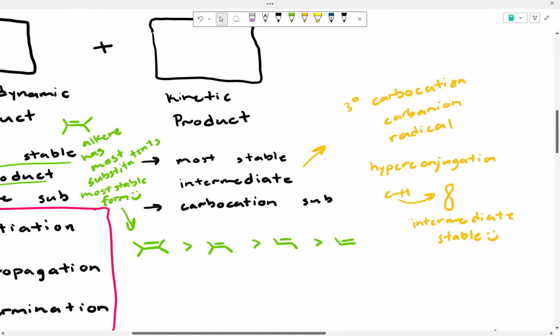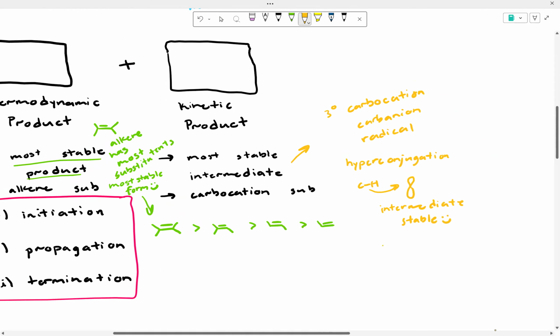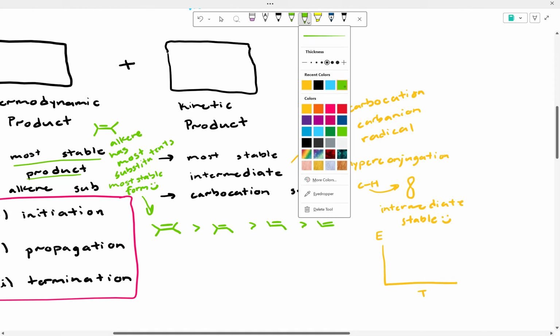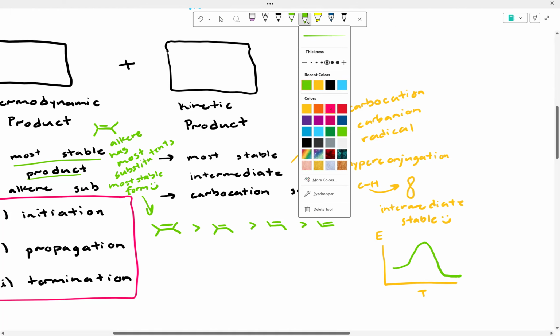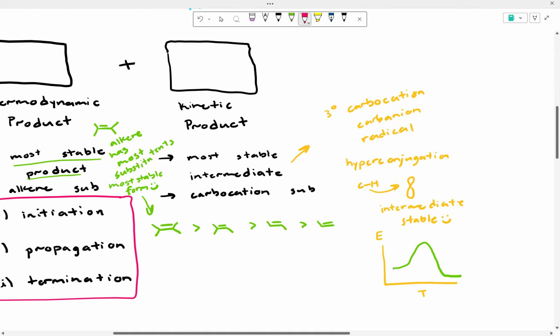And this is the kinetic product because we can think back to our time versus energy graph. Our thermodynamic product may look like this in green, but our kinetic product in pink could look like this.